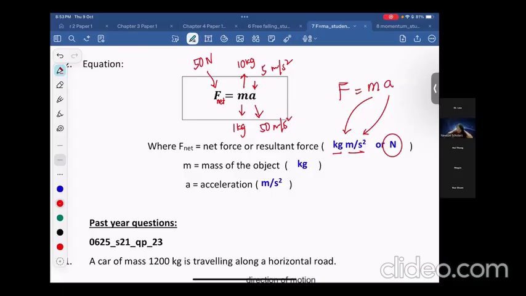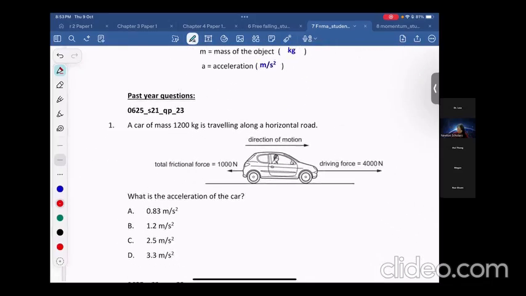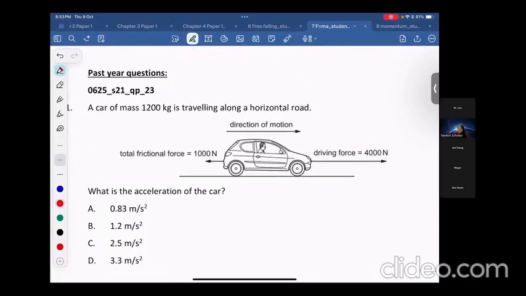Okay, so boys and girls, we go to this. What is the acceleration? The mass, we write down m, 1200. Then there is a force, so we write down F equals to ma. Your mass is 1200.